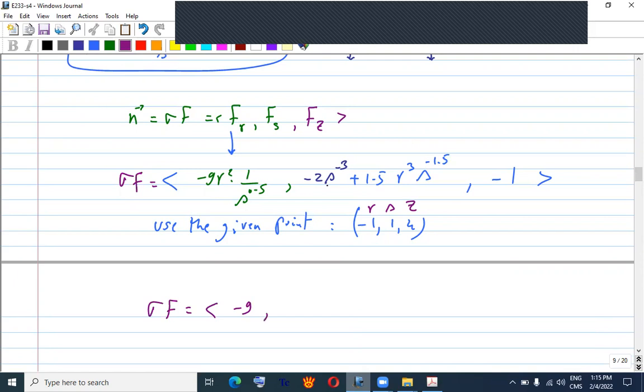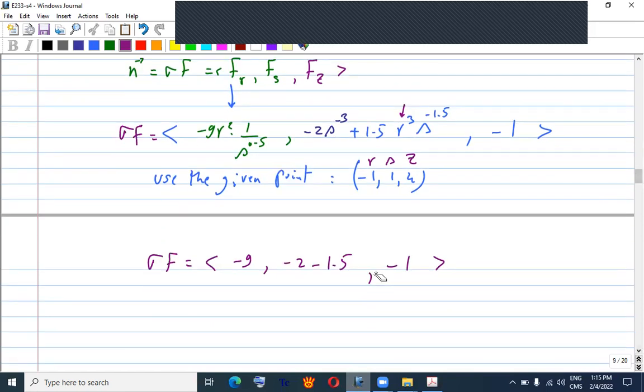Next, S is 1, so minus 2. You can use a calculator, it's not a big deal. S is 1, R is minus 1, and minus with a cube is minus, so it pops minus 1.5. I don't have Z in the rest. Is it okay? Yeah, it makes perfect sense. We compute more, so you get minus 9, minus 3.5, minus 1.